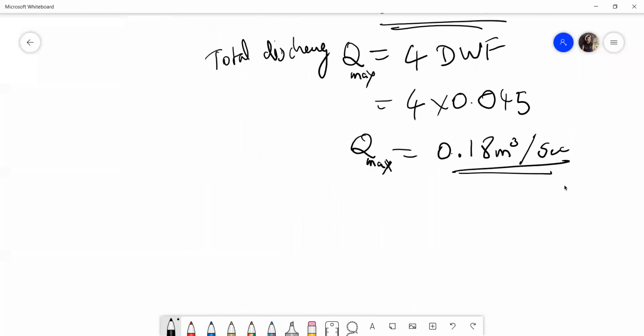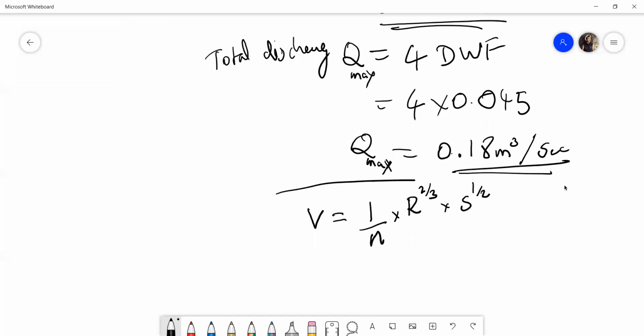Now, what is Manning's formula given to us? Manning's formula is V equal to 1 by N multiplied by R to the power 2 by 3 multiplied by S to the power 1 by 2.